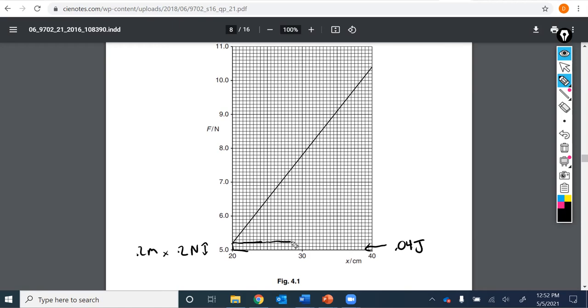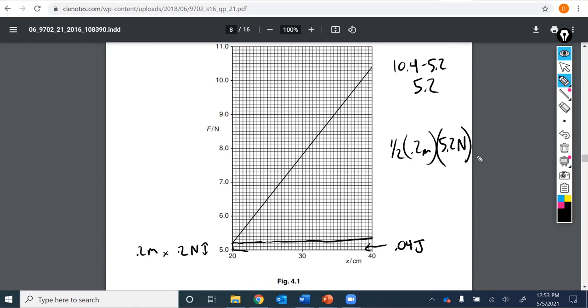We've got this triangle here. The base is still 0.2 meters, since from 20 to 40 is 0.2 meters. But then the height starts at 5.2 and goes up to 10.4, so that's 10.4 minus 5.2, which is 5.2 newtons.